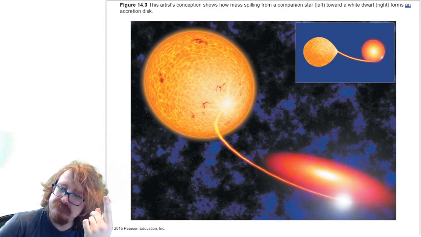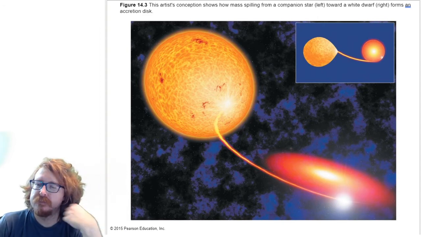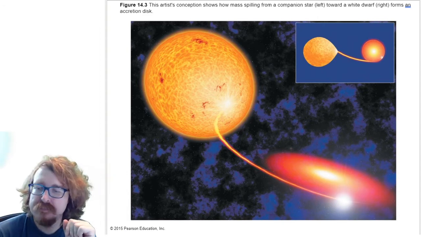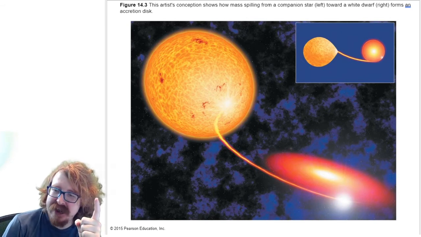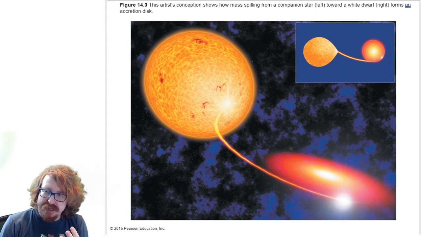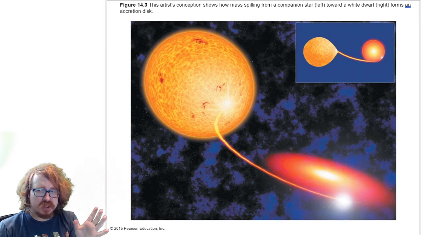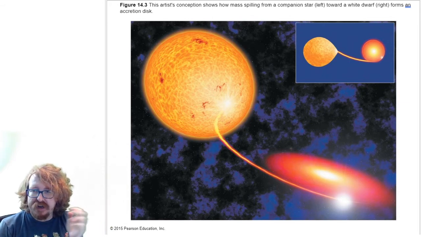Does it go up or does it go down? It gets higher, right? It goes up, it gets higher. And what's the pressure going to be like? Well, the pressure is also going to be very high, right? Because of the gravity, and the density is going to be very, very high.